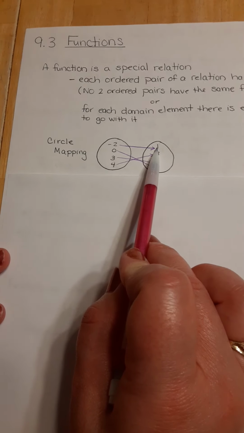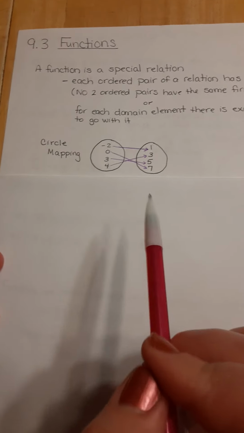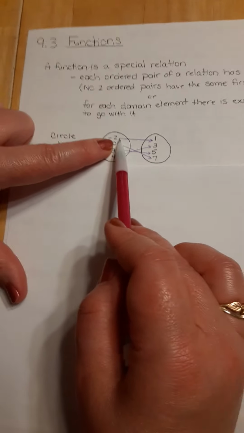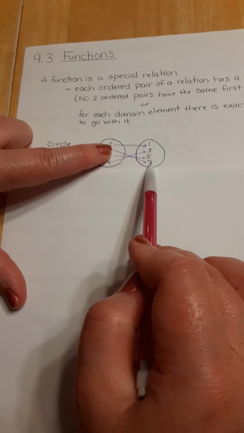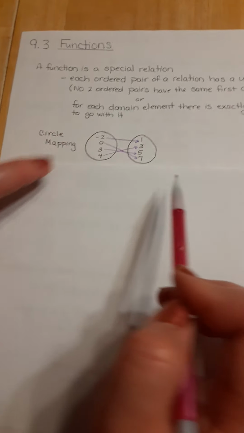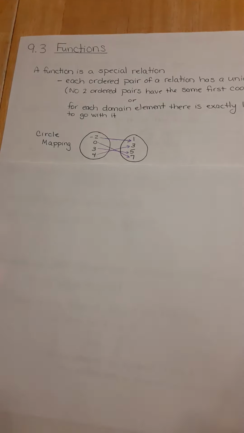I want to make sure that one of my x's does not go to multiple numbers, that it is going to one coordinate.